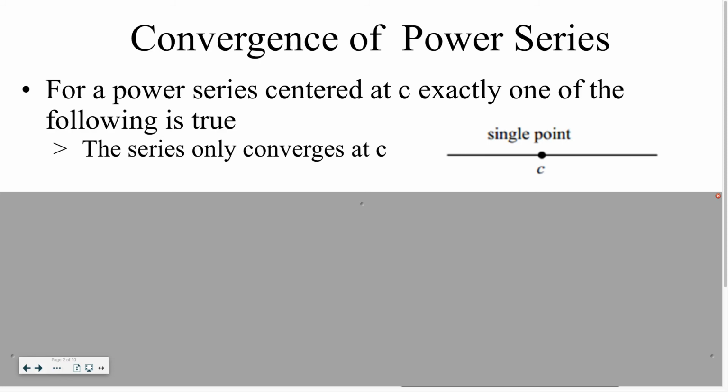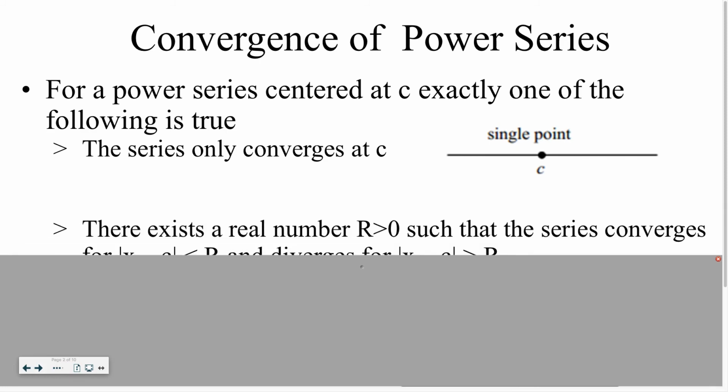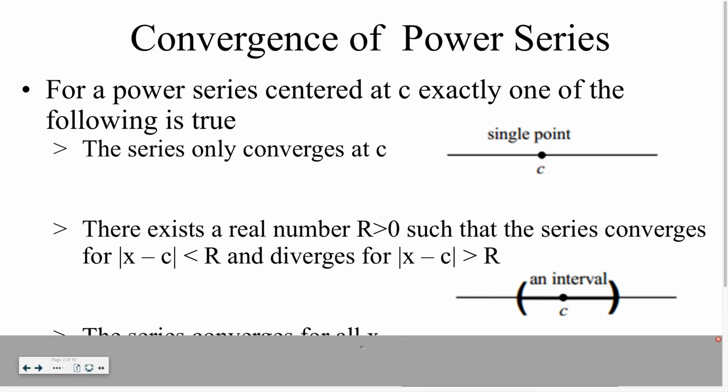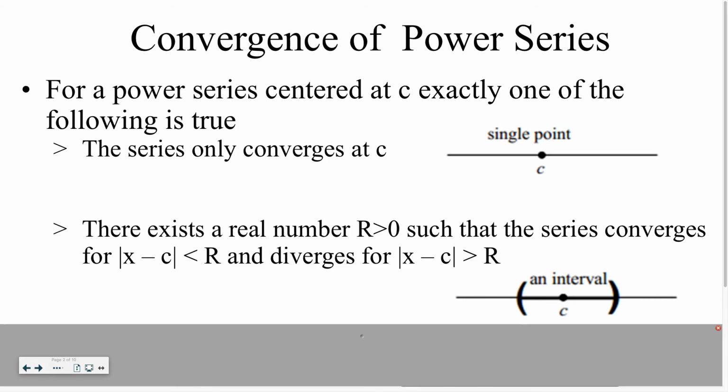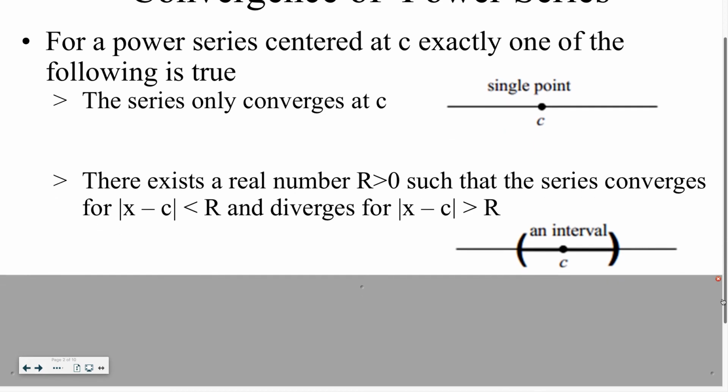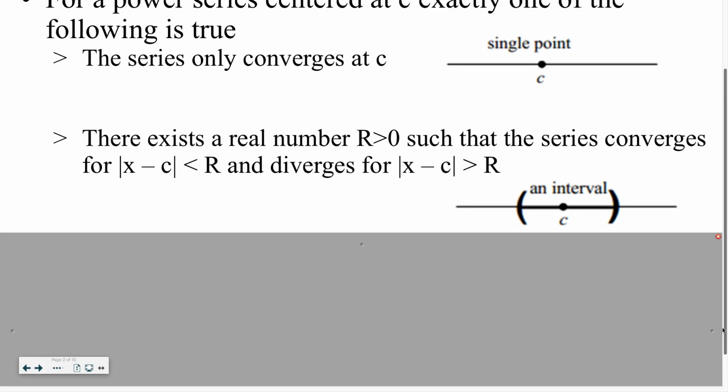Or it could converge on an interval. Now, the interval that I show you isn't the only thing that could happen because it could converge at one or both or none of the endpoints. Right now they're parentheses, but either one of those parentheses could be brackets, and that's something we're going to have to check for. So we could have a radius of convergence that gives us an interval.